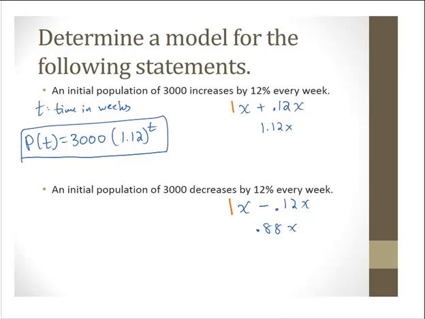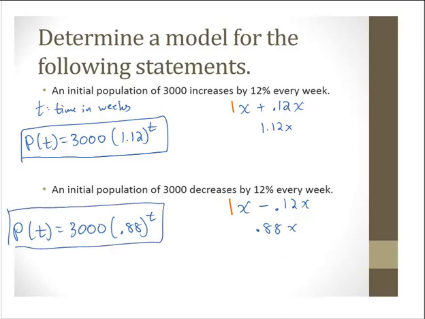So if you decrease a number by 12%, that's the same as multiplying the number by 0.88. One way to think about this is if you remove 12%, 88% remains. So then P of t is 3,000 times 0.88 to the t. And notice that this is a decreasing function. The base is between 0 and 1.